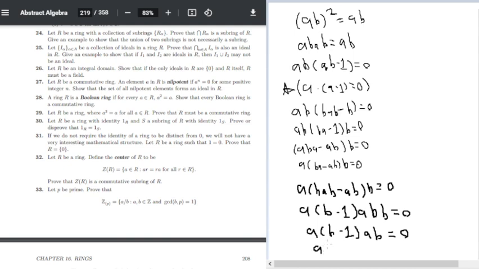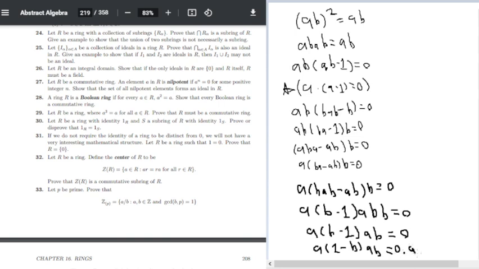We also have A1 minus B, because our group has an abelian structure. So A minus BAB equals 0.